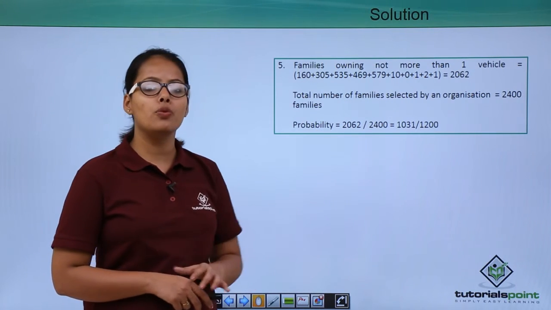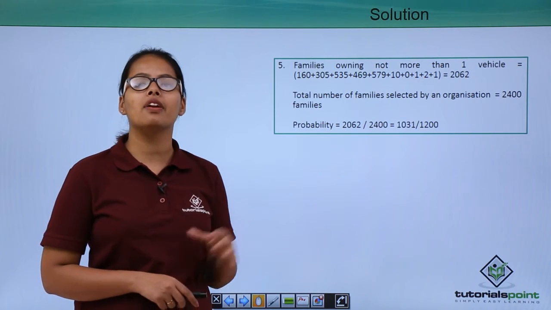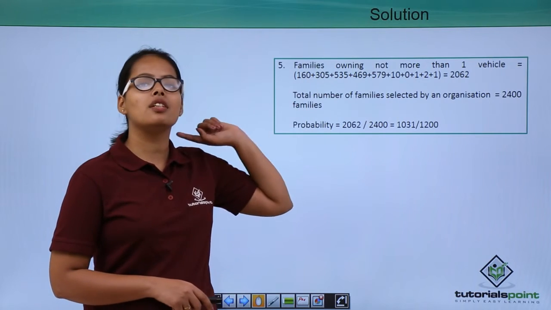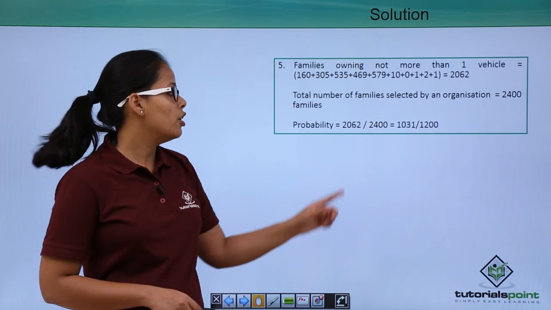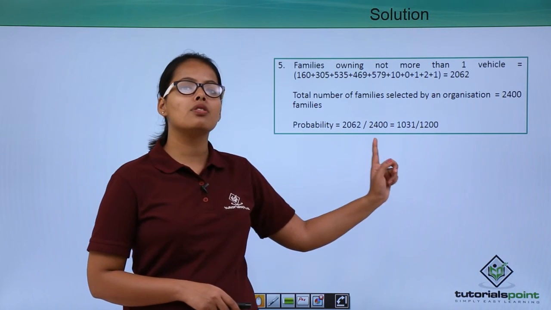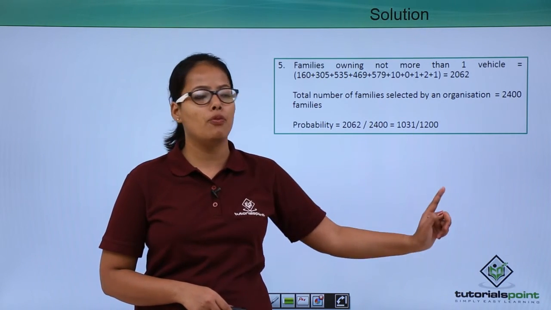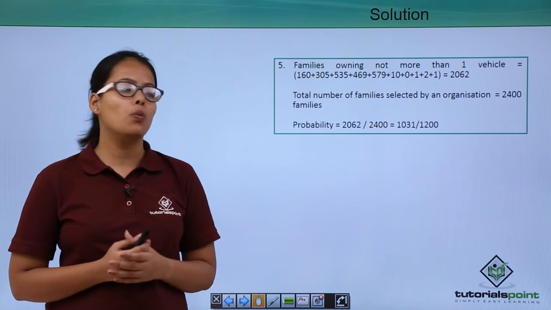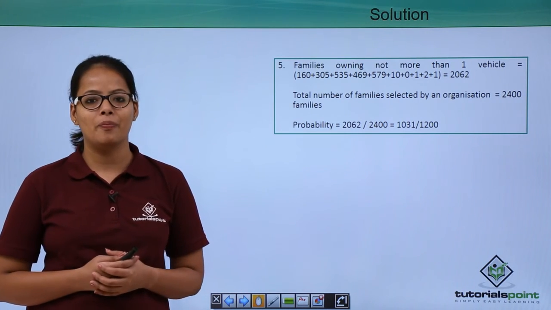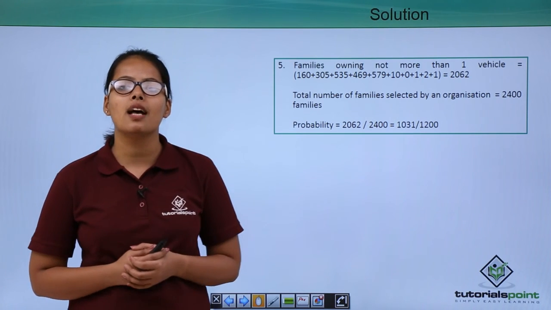So this will become your numerator, or the number of ways this event can happen, because you need to consider all the income levels for 0 vehicles and 1 vehicle. So now the probability will be 2062 divided by 2400, which is 1031 divided by 1200. I hope you understood this example quite well.